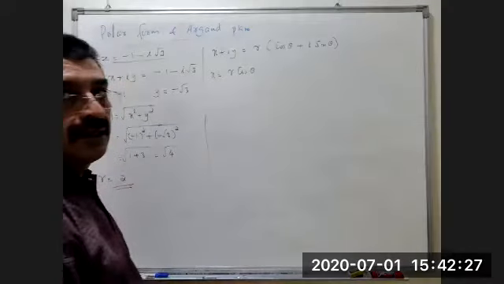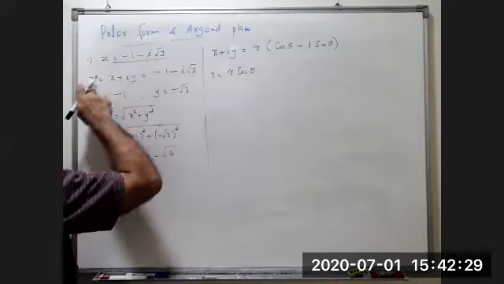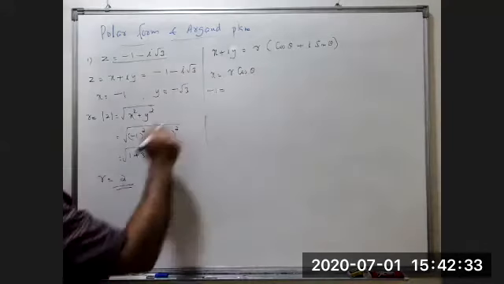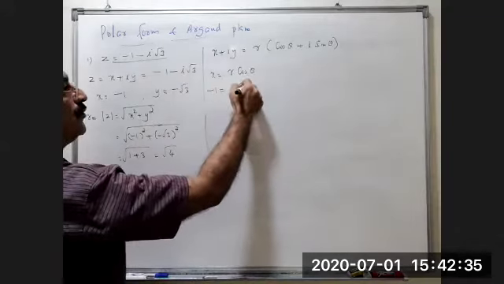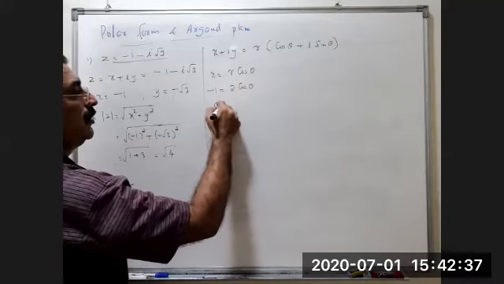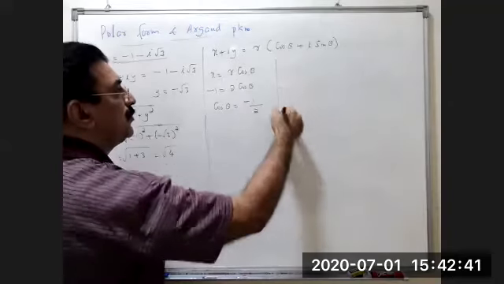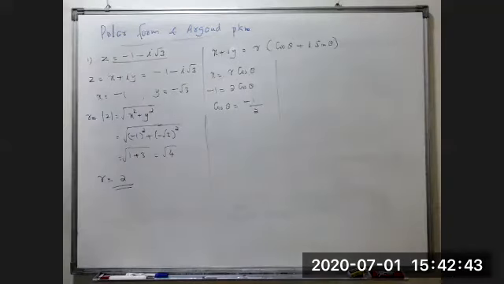Now put the value of x and r. What is the x value? The x value is minus 1, and r is 2, so minus 1 is 2 cos theta. From this, cos theta is minus 1 by 2. We got the value of cos theta.